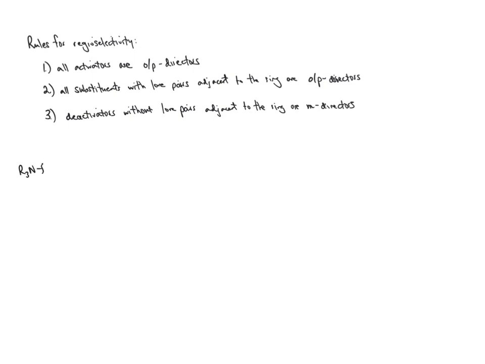So we've got trialkyl ammonium, we've got nitro, we've got about the same deactivation is CF3, then we've got sulfonic acid, then we've got cyanide, then we've got the carbonyl, then we've got bromo, then we've got chloro, then we've got the ester, right?